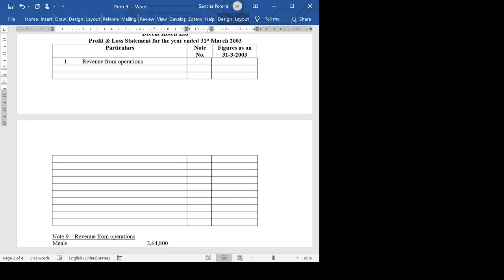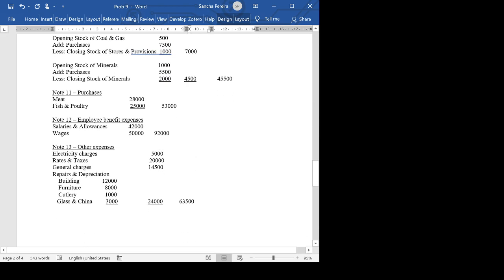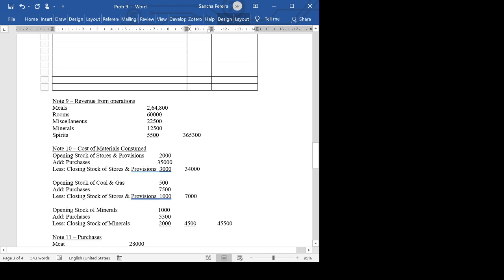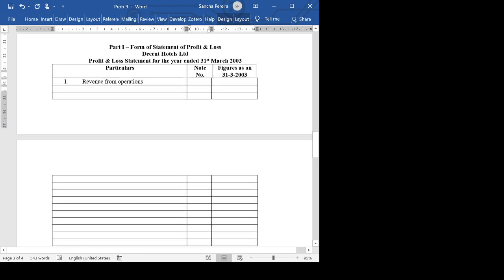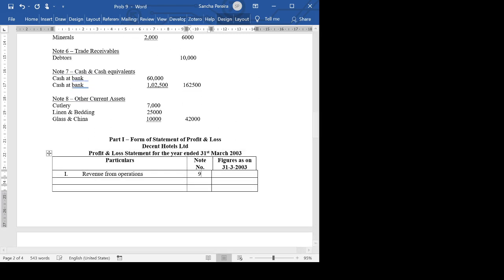This would be note number 9, 3,65,300. We don't have anything under other income, so we don't need to write other income. This is going to give us our total revenue. Just check how I'm writing this.